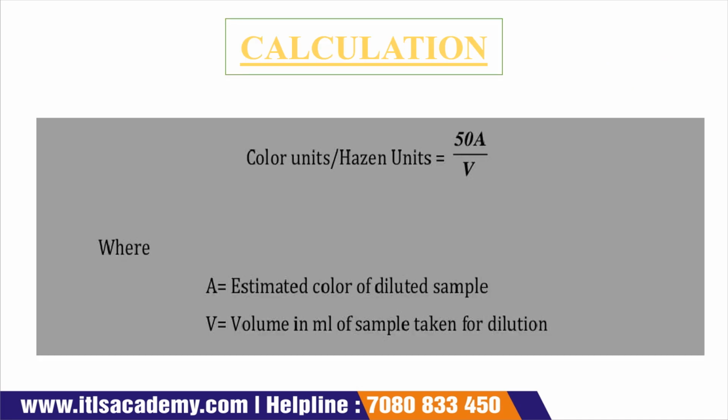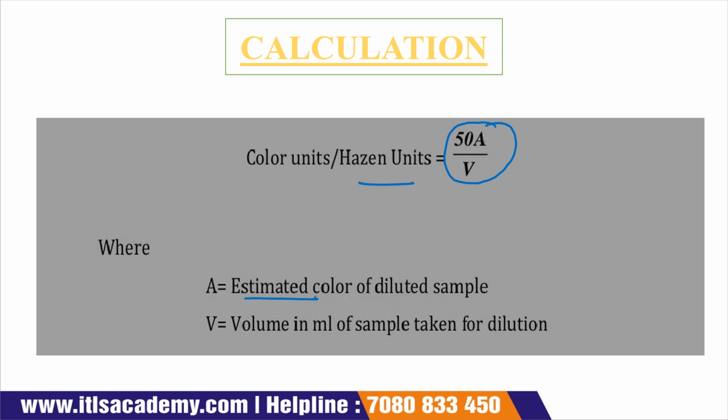Okay, so the color in units, or Hazen units, is calculated by 50A divided by V. 50A divided by V. A is what?